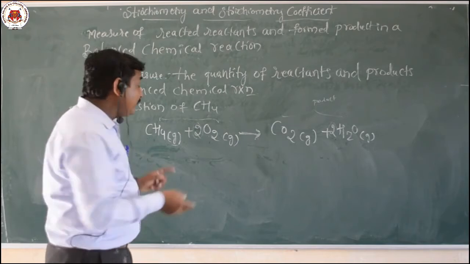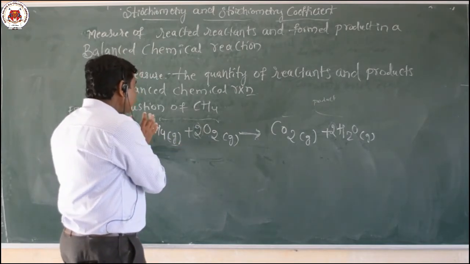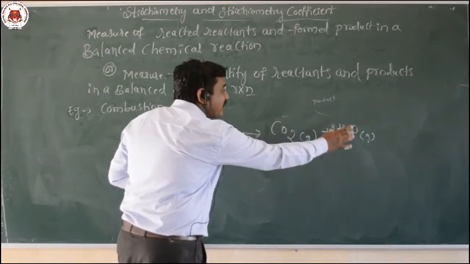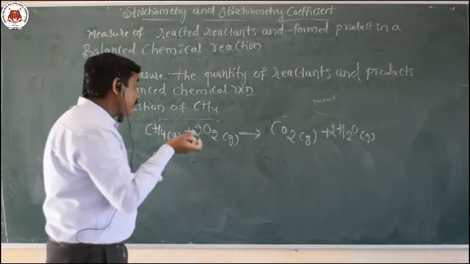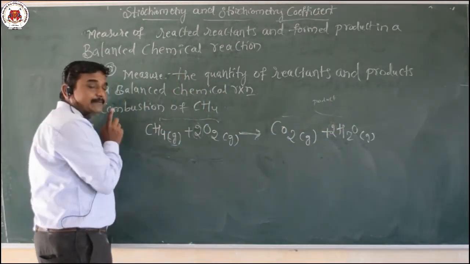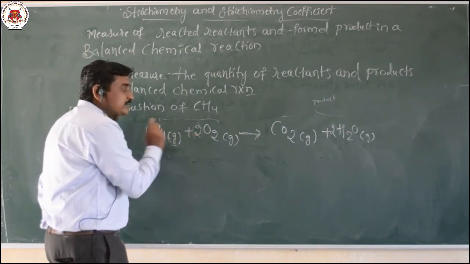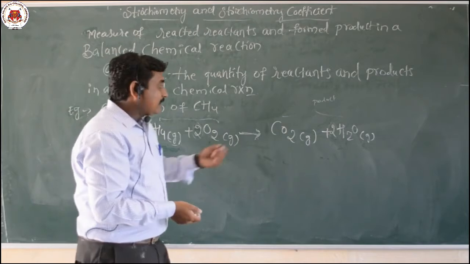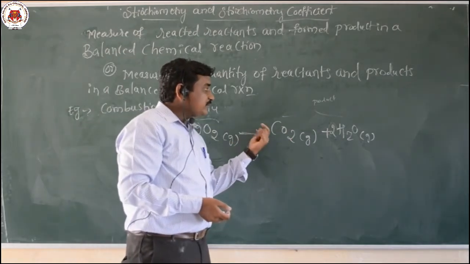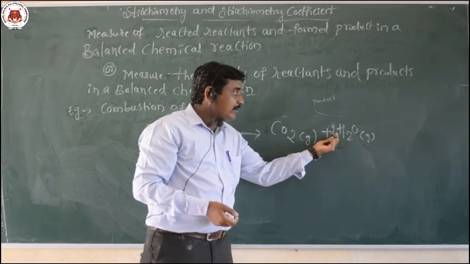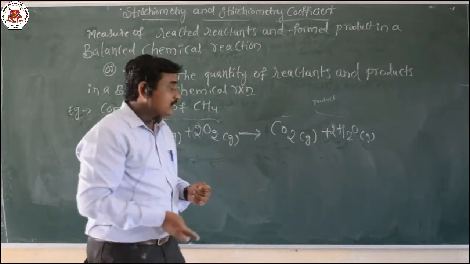In the combustion of methane there is formation of carbon dioxide and water. The stoichiometric coefficient of methane is 1, for oxygen it is 2, for carbon dioxide it is 1, and for water it is 2.